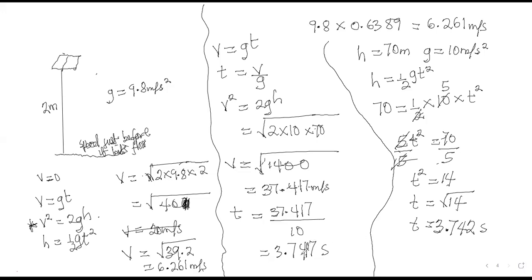Okay. Approximately 3.742 seconds as we got here. So the value is still the same. Is that okay? Okay, thank you. All right. So let's look at the other theories.